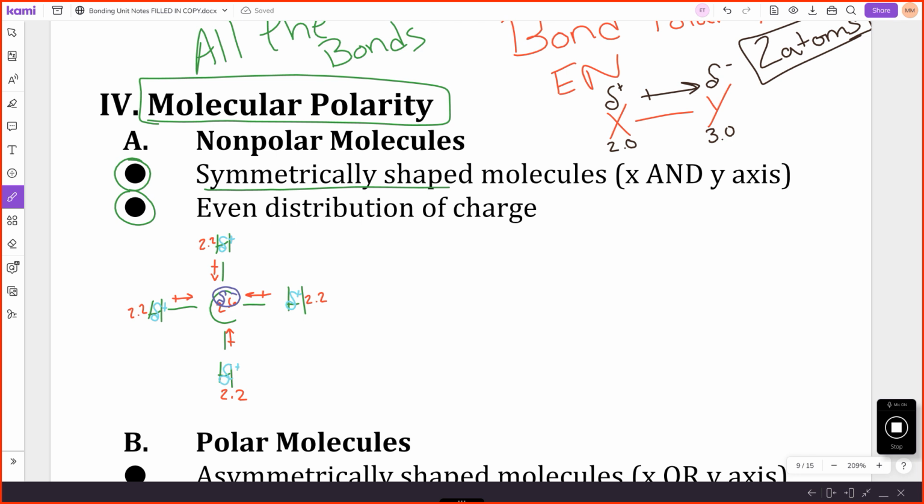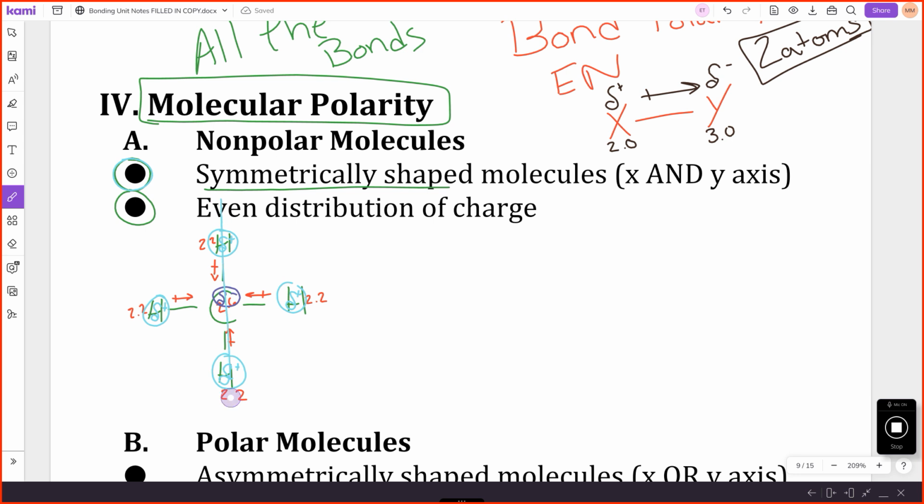What I'm trying to get you to understand is that for a symmetrically shaped molecule such as this, I refer to it as the net location of these four positive charges, the average location. Let me try it this way.